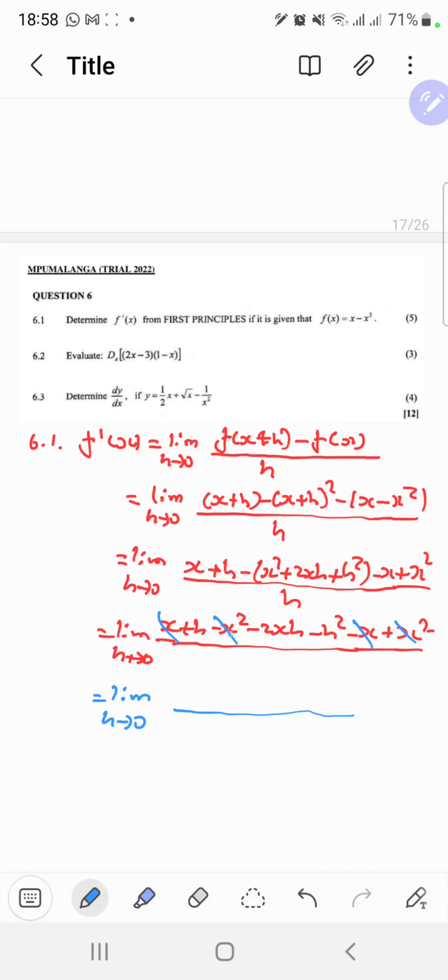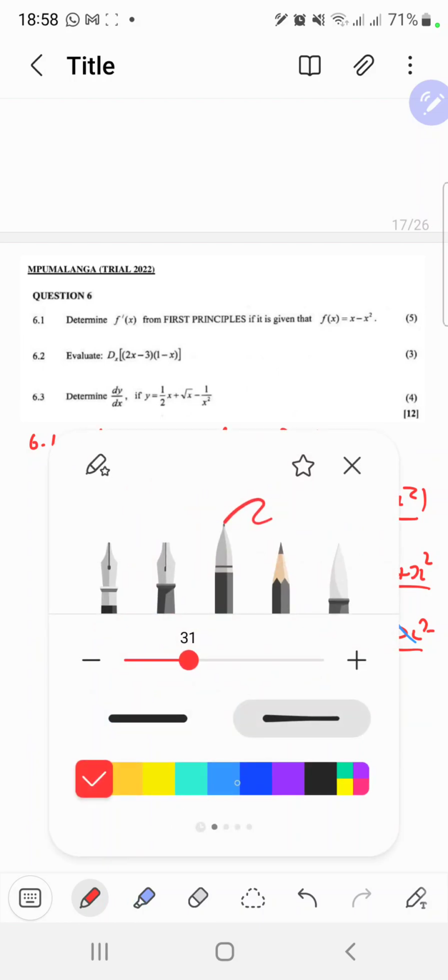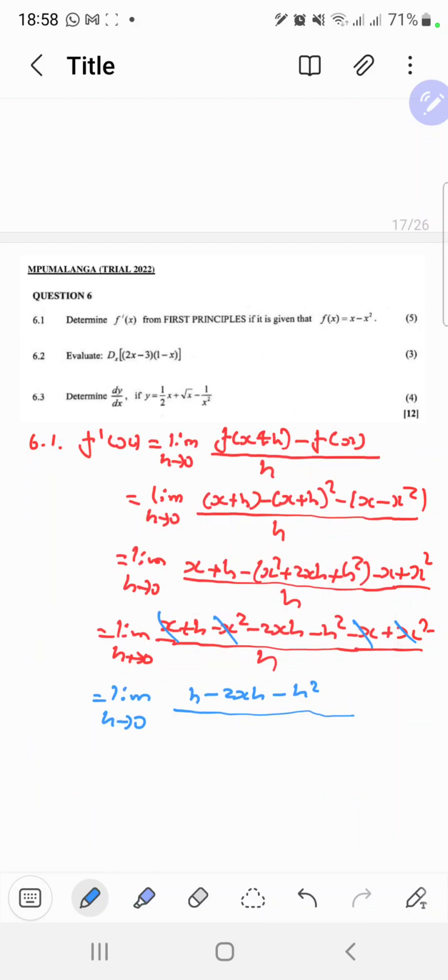Now what we're left with here, why do I smell trouble? Oh, there's an h here. So there is h minus 2xh minus h squared, over, whoa, I am becoming careless, that is over h.